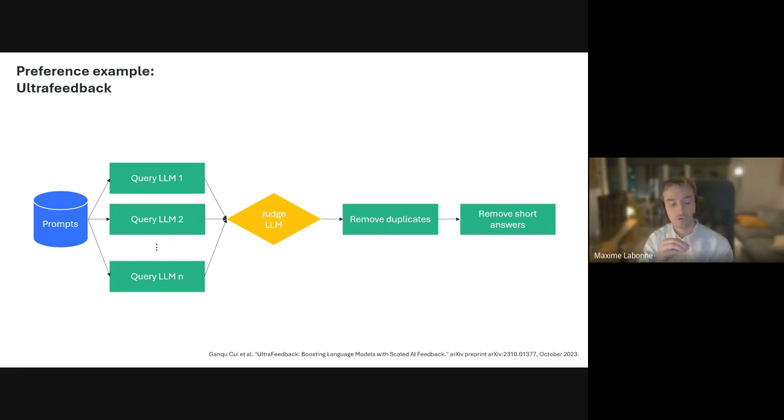And we're going to only keep the ones with the best scores as chosen answers and the ones with the worst scores as rejected answers. Then you can remove duplicates and remove short answers. You can filter out all the samples, but this is the template that you want to use: only keep the best answers as chosen and the worst ones as rejected.